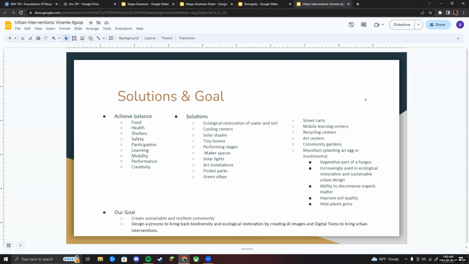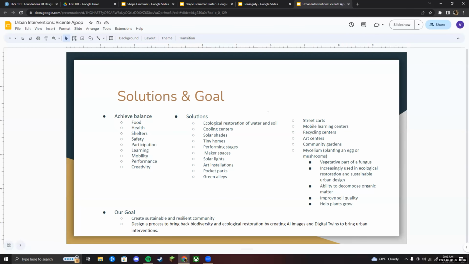So, solutions and goals. Our goal is basically to achieve balance with food, health, shelter, safety, participation, learning, mobility, performance, and creativity.